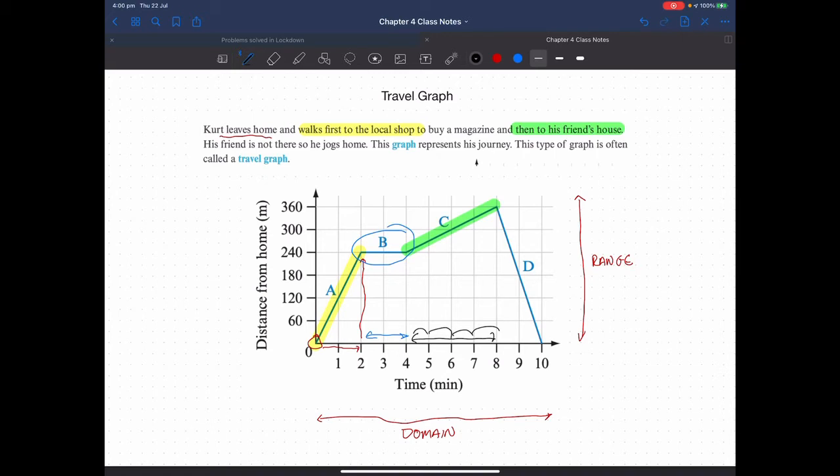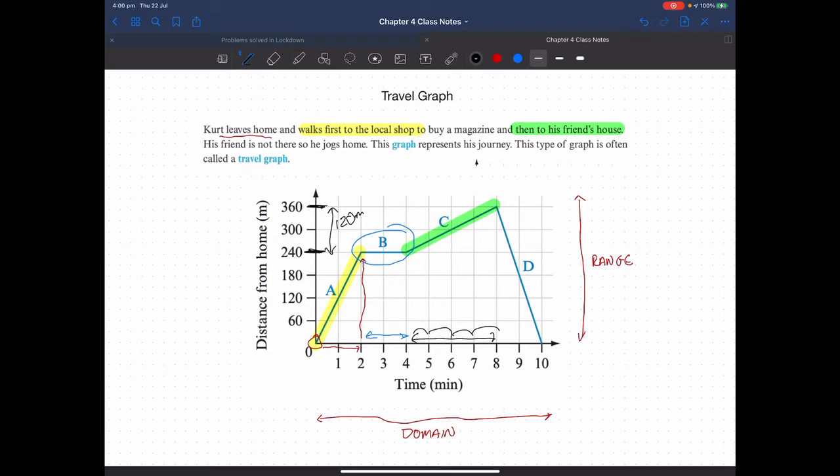So he was 240 meters away from his house at the shop. From the shop he travelled to his friend's house, which moved him from 240 up to 360. That moved another 120 meters from the shop and further away from his own house.